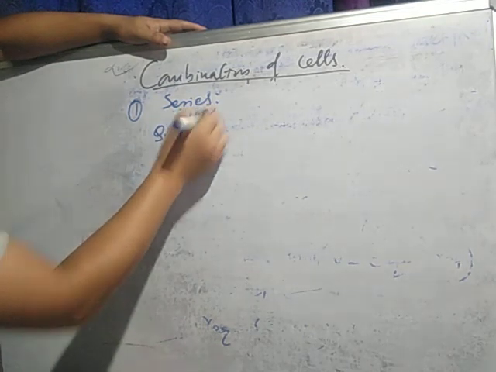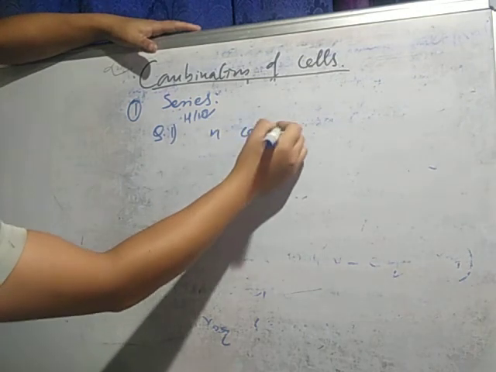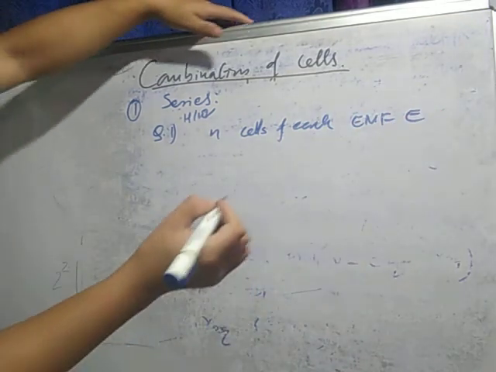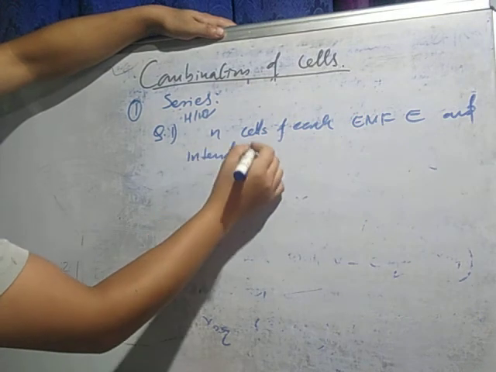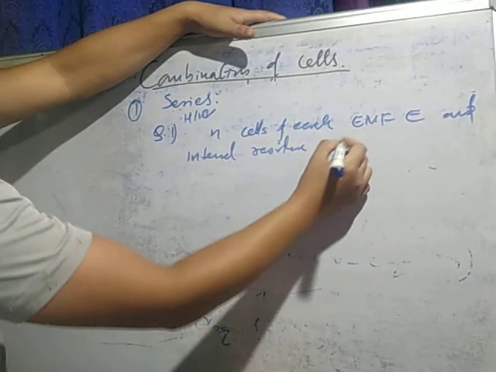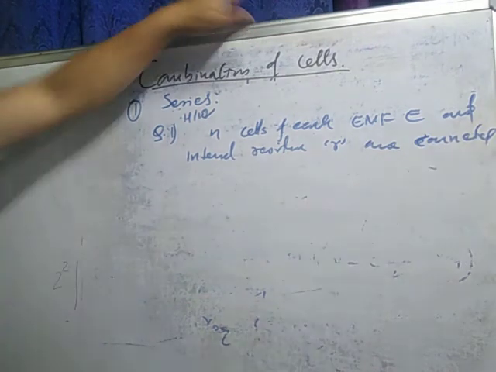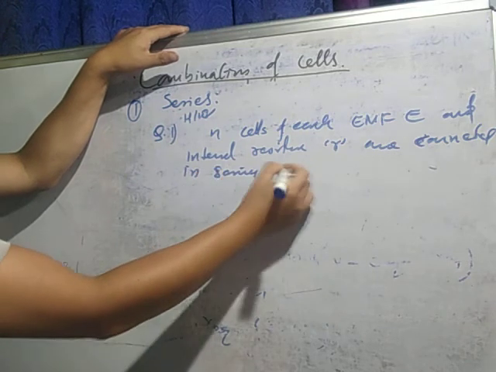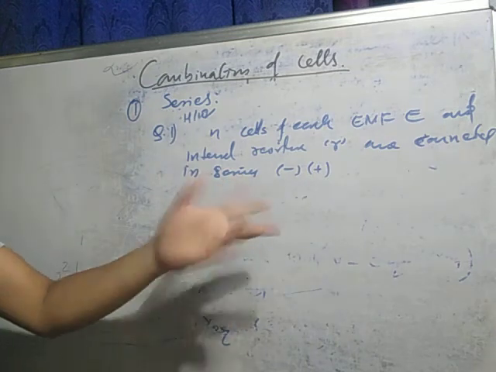N cells, each of EMF E and internal resistance r, are connected in series, minus to plus, that means the same side, so the polarity is not changed.